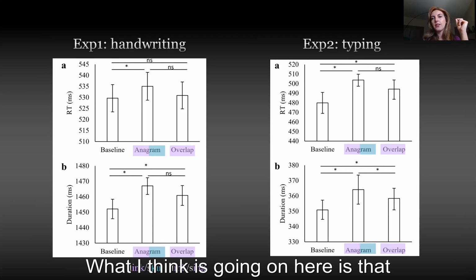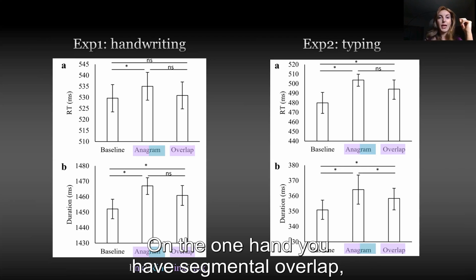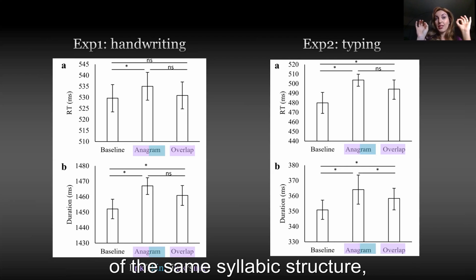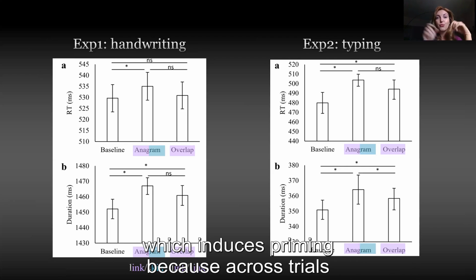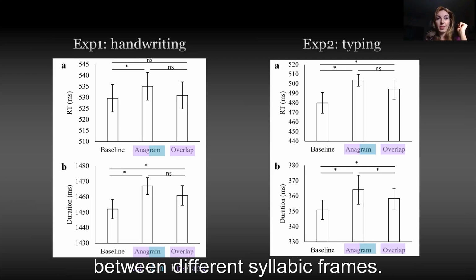What I think is going on here is that in the overlap condition, there are 2 opposing effects. On the one hand, you have segmental overlap, which creates interference. On the other hand, you have the repetition of the same syllabic structure, which induces priming, because across trials, you don't have to keep switching between different syllabic frames.